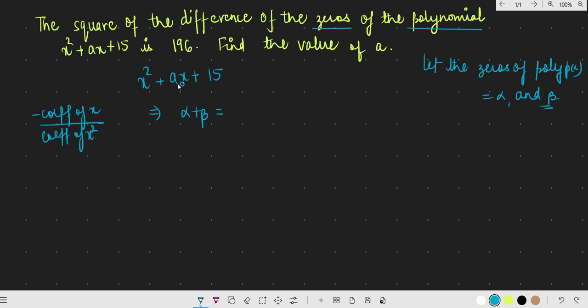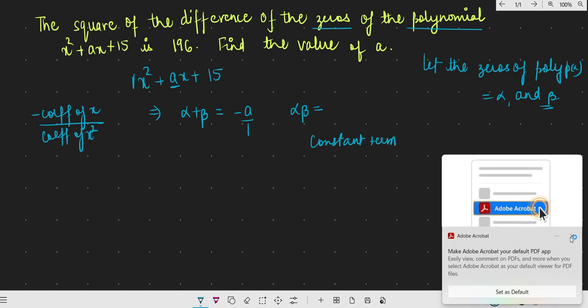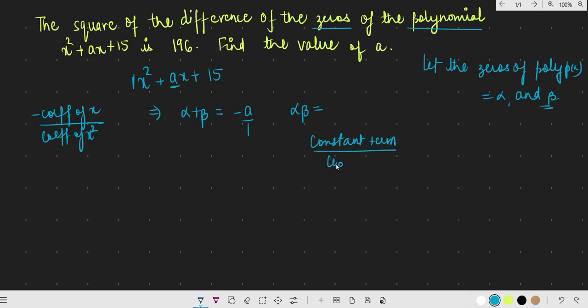So यहाँ से ये आ जाएगा, because this is the coefficient of x, so it will be minus a upon coefficient of x square, which is 1. And then we'll find the product of zeros, which is constant term upon the coefficient of x square. So constant term is plus 15 upon 1.